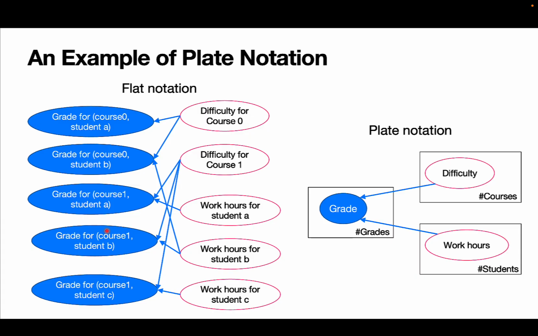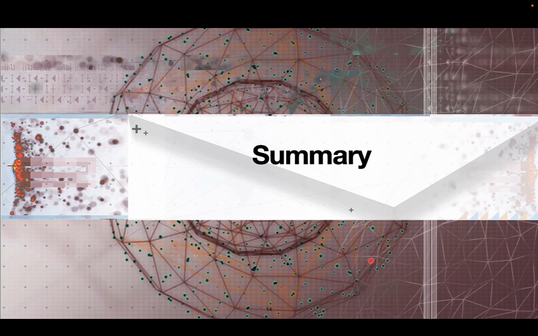We know that there are many courses and students, and we are concerned about the grades given the difficulty and hours worked. So this is an example of the plate notation, which simplifies the representation of those overly complex networks. In summary, we discussed training Bayesian belief networks, and we touched a little bit on the plate notation.